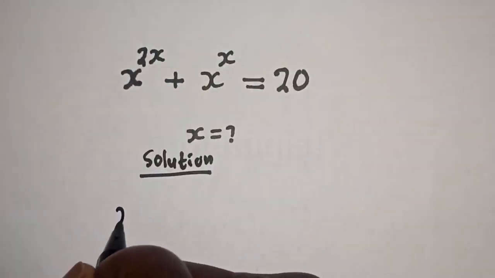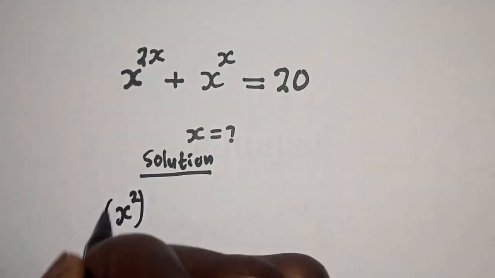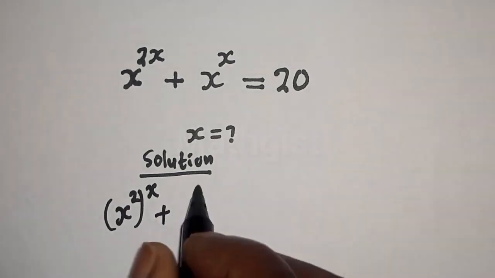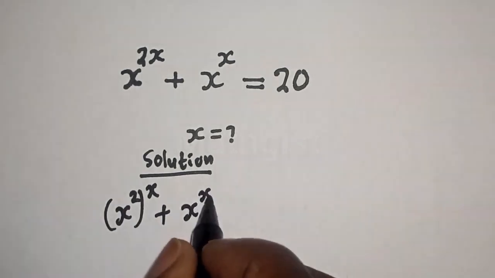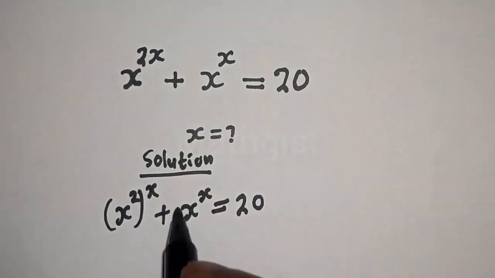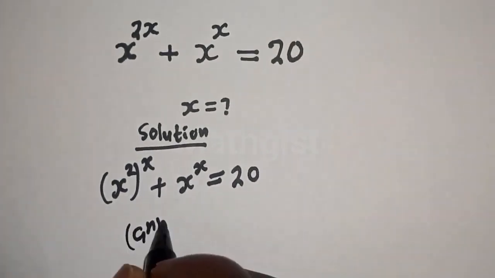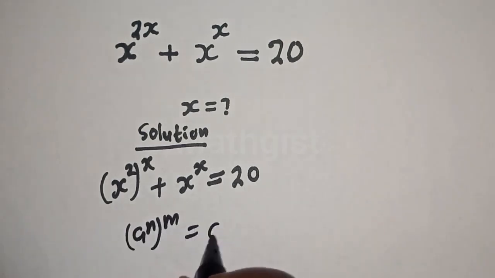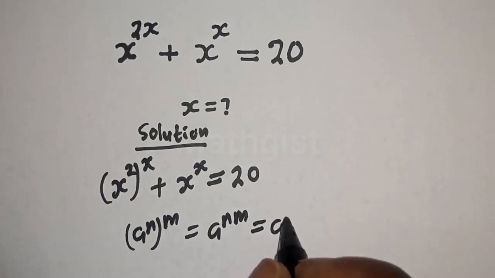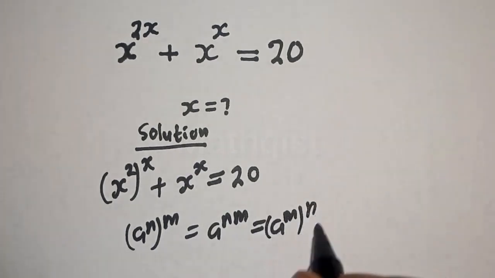We have s raised to power 2 to the power of s plus s raised to power s is equal to 20. Take note that a raised to power n to the power of m is equal to a raised to power nm, which is equal to a raised to power m to the power of n.